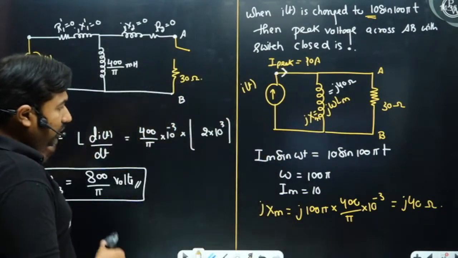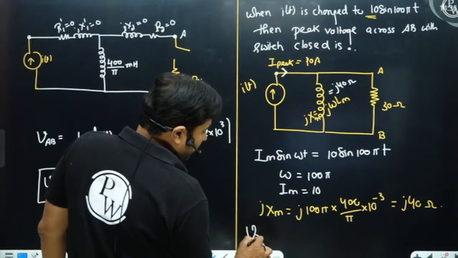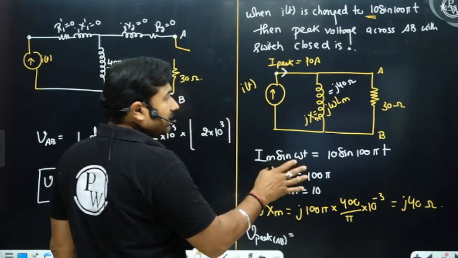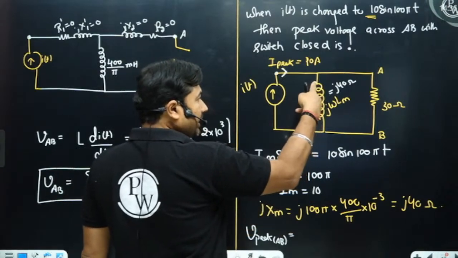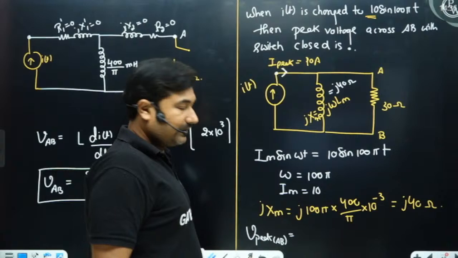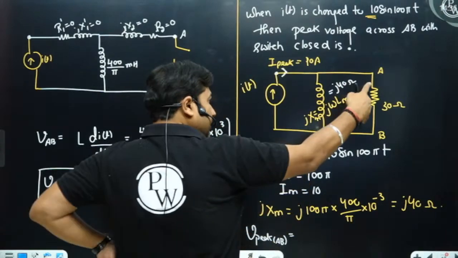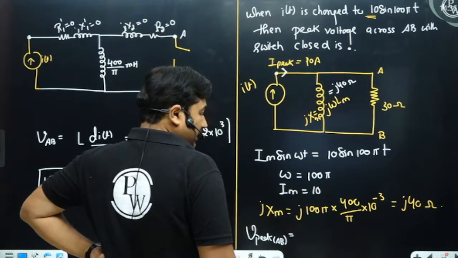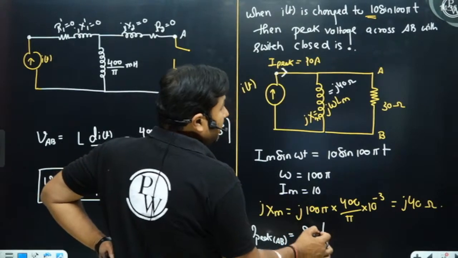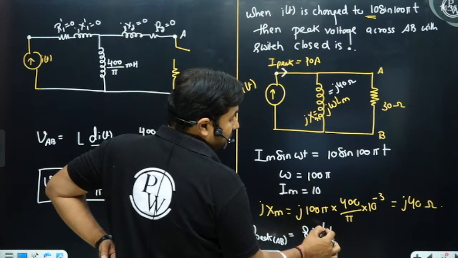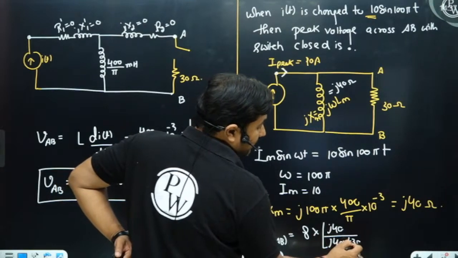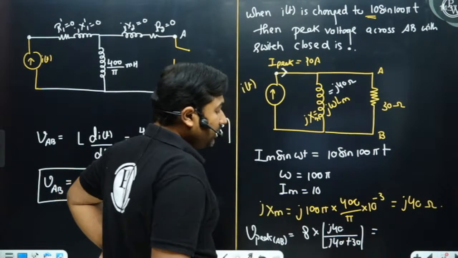You can calculate the peak voltage by the current here, or by the current here. So what is the peak voltage across AB with the switch S closed? Peak voltage is 8 ampere into, we can use the current division rule, j40 upon j40 plus 30. I am interested in magnitude only.